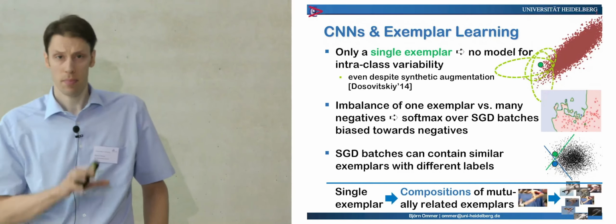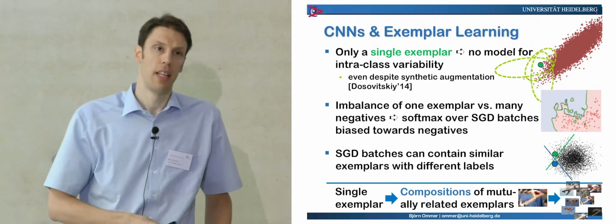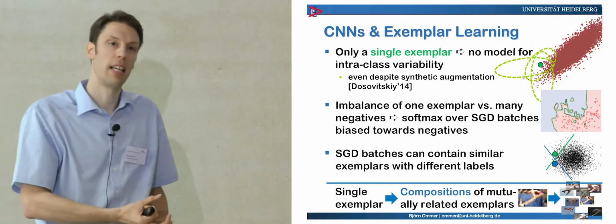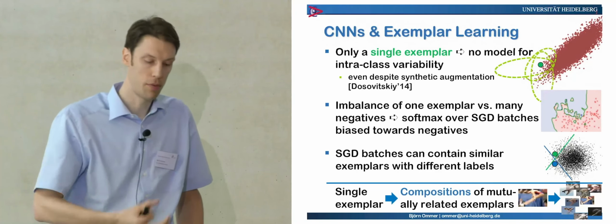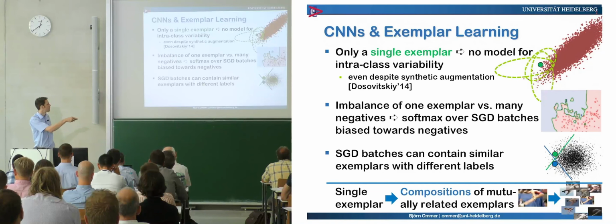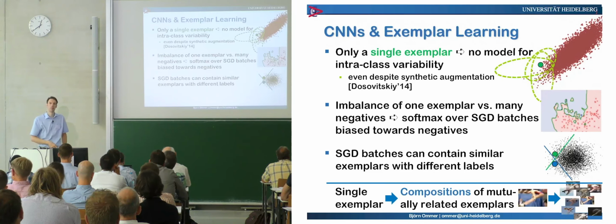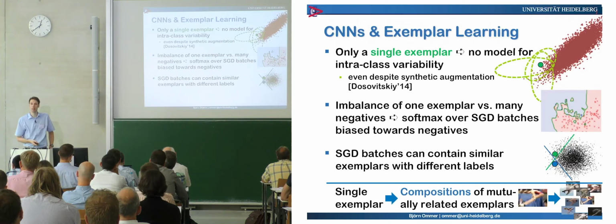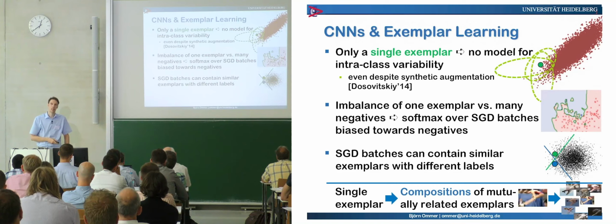And lastly, if you do SGD, then such a batch contains not just a single exemplar, right? You need to train that on a lot of data. So there's a high likelihood that you have several exemplar classifiers, this green one here and the blue one, and these samples, the green and the blue sample, they are actually very much the same.